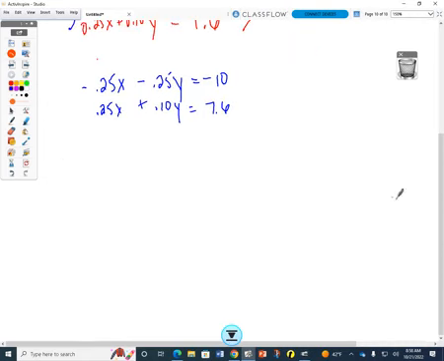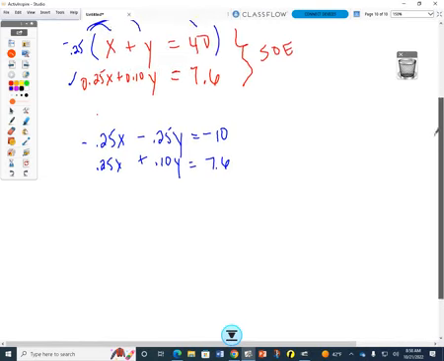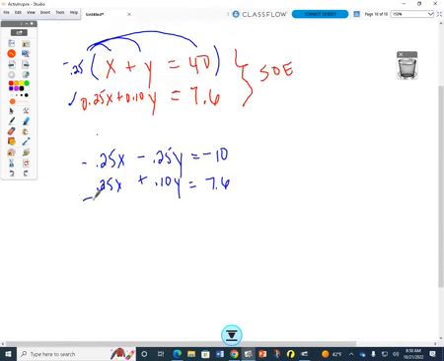And then we should be able to solve it from there. We're going to add them vertically. When we do, our x's disappear. Solve for y.